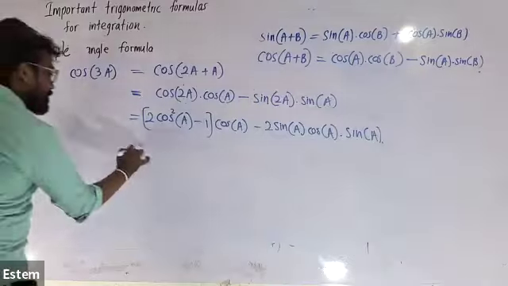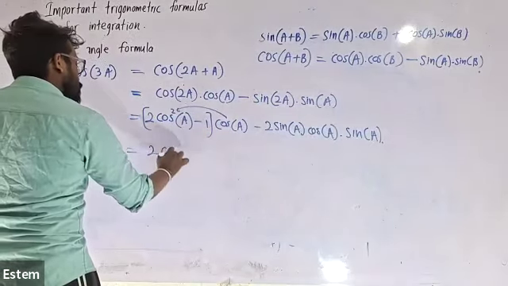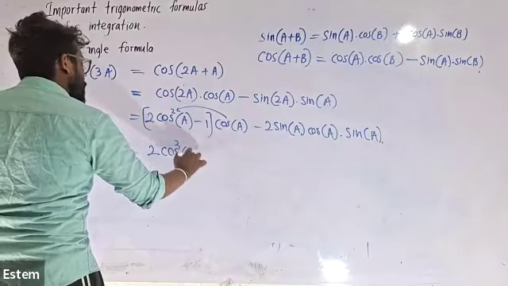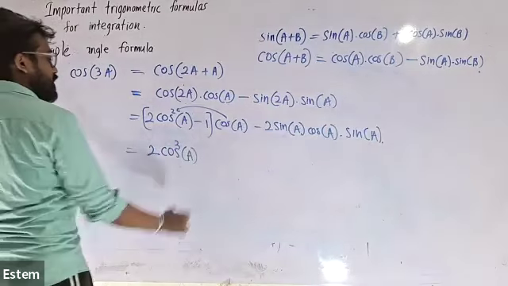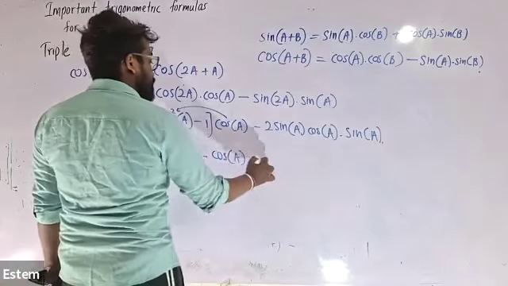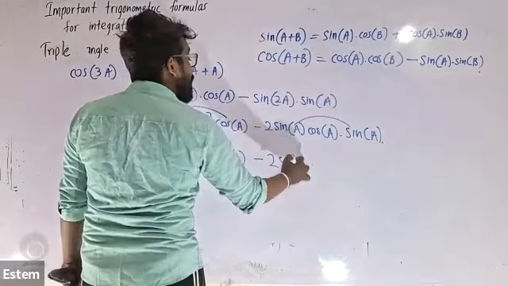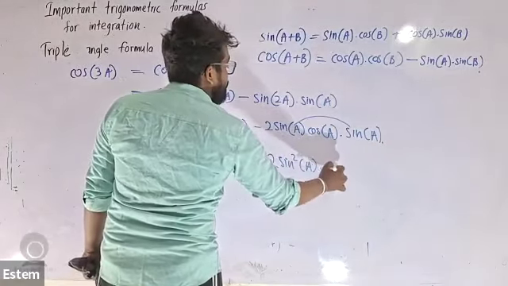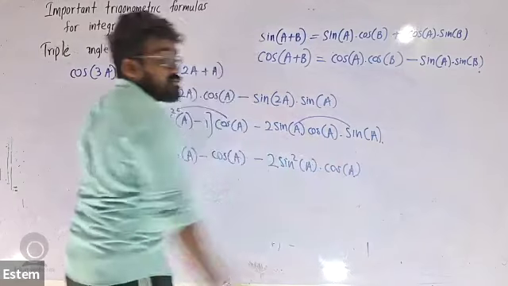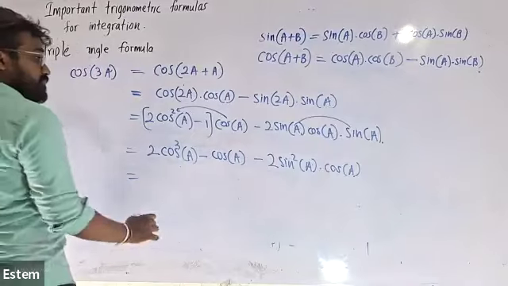Now what happens? This is 2 cos cube a minus cos a. This is minus 2, see, this sign and this sign, sine squared a, and this is just cos a.